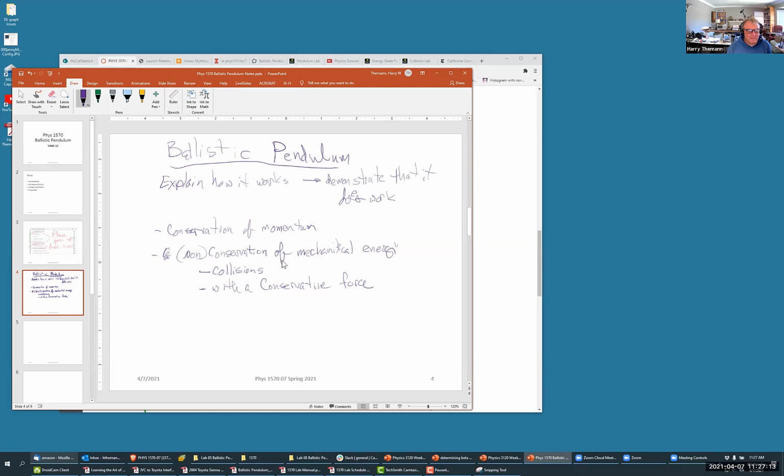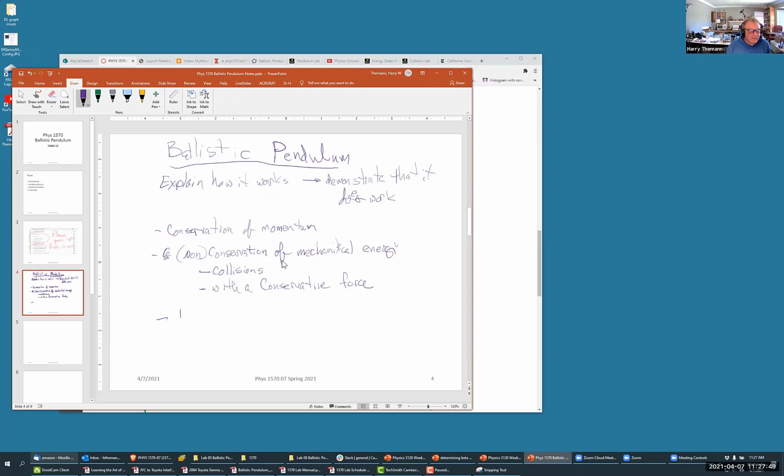We learn that the mechanical energy is, but momentum is always conserved. Hold on, I'm just looking at my notes here to make sure I don't screw up. Conservative, non-conservative. Right, so just that.